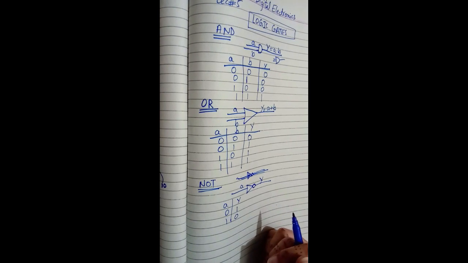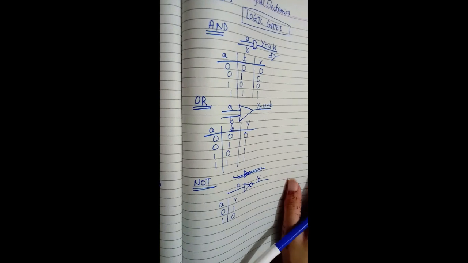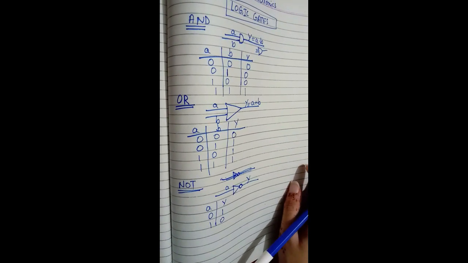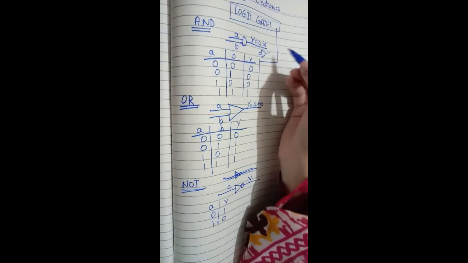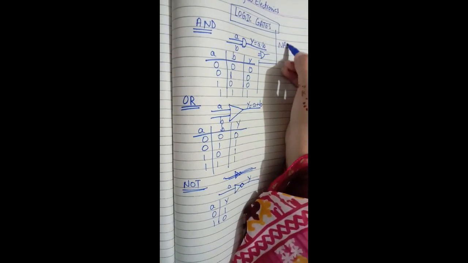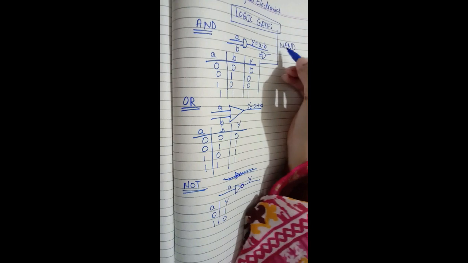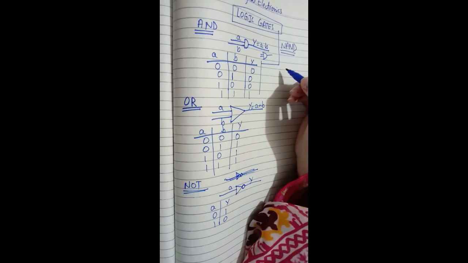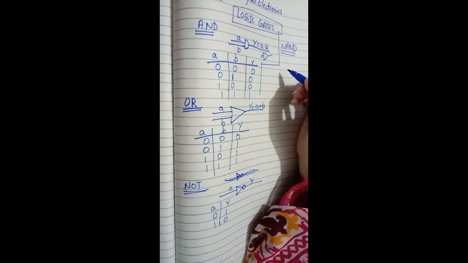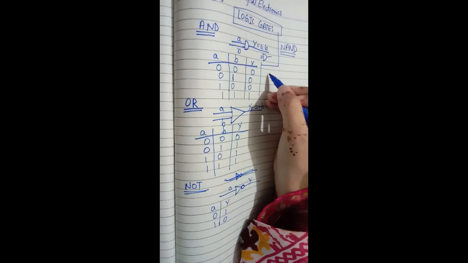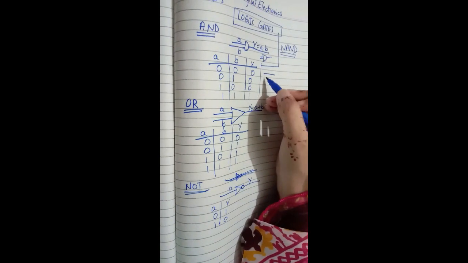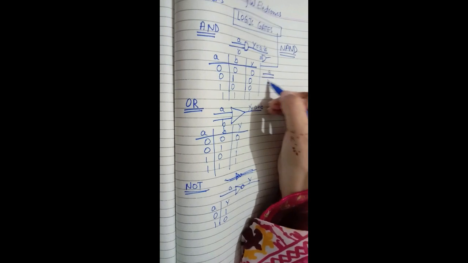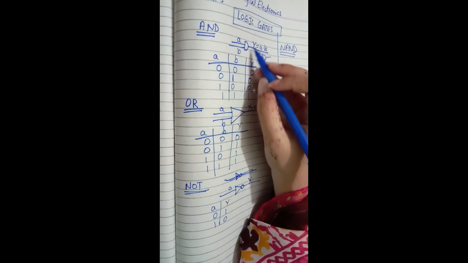So the next we have is the NAND gate, which says, okay, we will draw it here. NAND is basically the opposite of our AND gate. We will have the NOT with AND, and its symbol will be, these are our inputs A, B. Like this we have the AND.